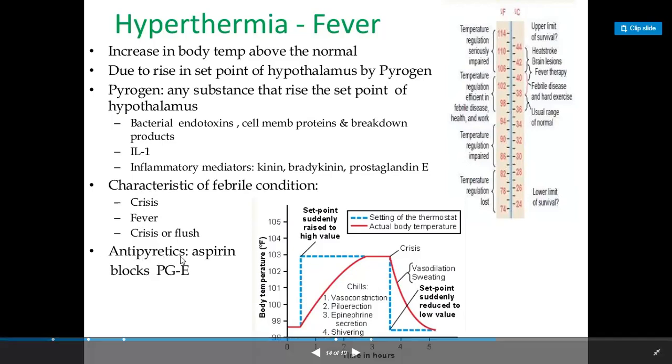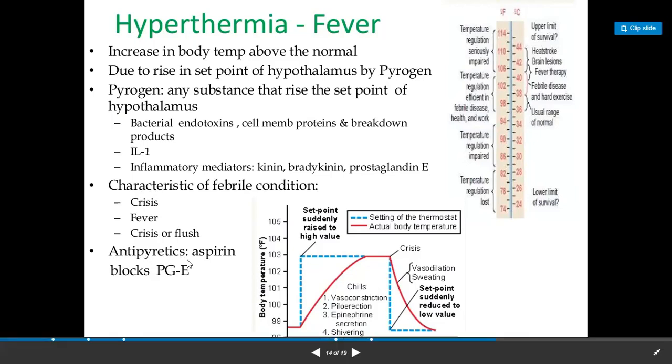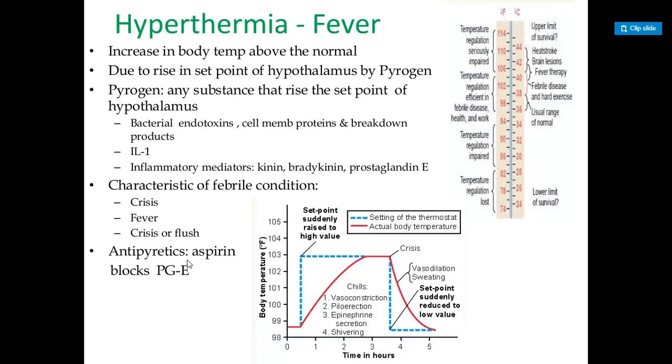So an increase in temperature is caused by pyrogens. To stop that temperature, you take a drug called an antipyretic. Antipyretics work to decrease your temperature, okay? Examples of antipyretics are aspirin, ibuprofen, or paracetamol. These help to reduce your temperature.